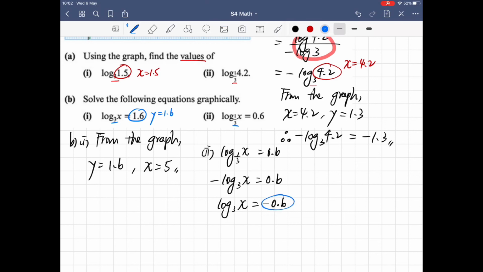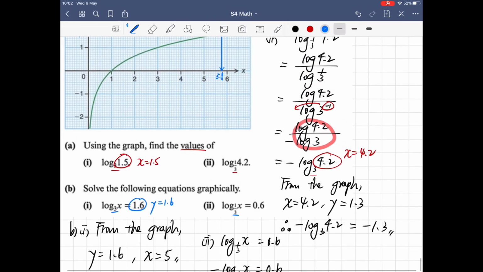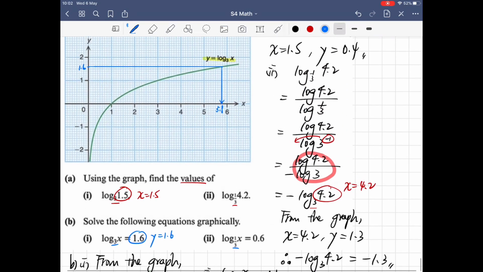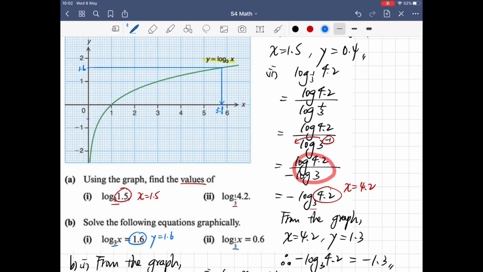So now we know that y equals negative 0.6. So again, go back to the figure, negative 0.6 is here. And we'll then draw a horizontal line and read the corresponding value of x.